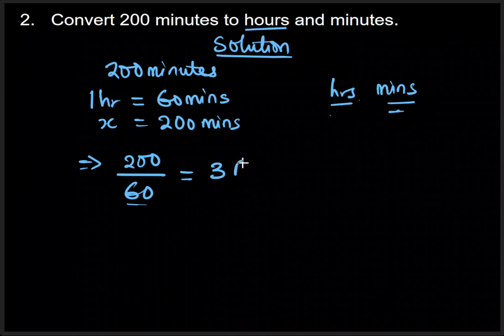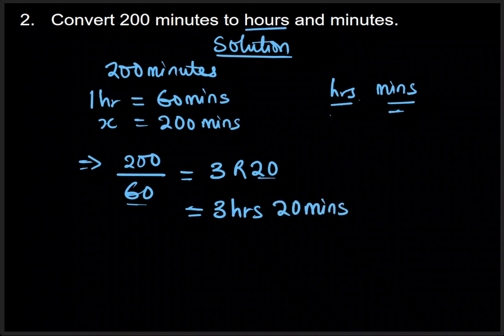So the remainder is what? 3 remainder 20. So that 3 there, being the whole number, will give us 3 hours, and then the remainder will give us 20 minutes. So that's 3 hours 20 minutes when you convert 200 minutes to hours. All right, please take note of that.